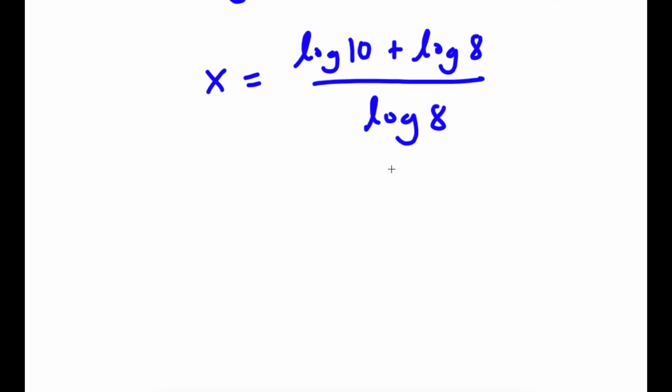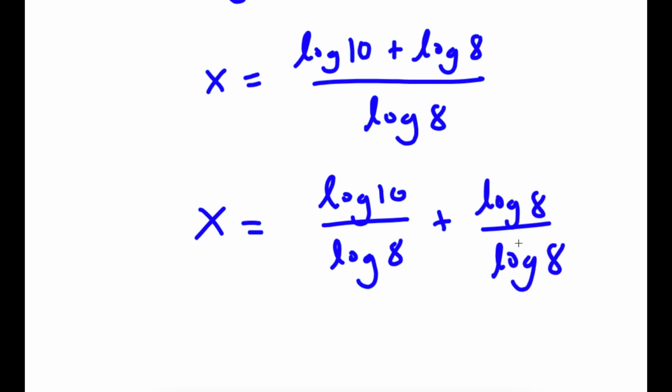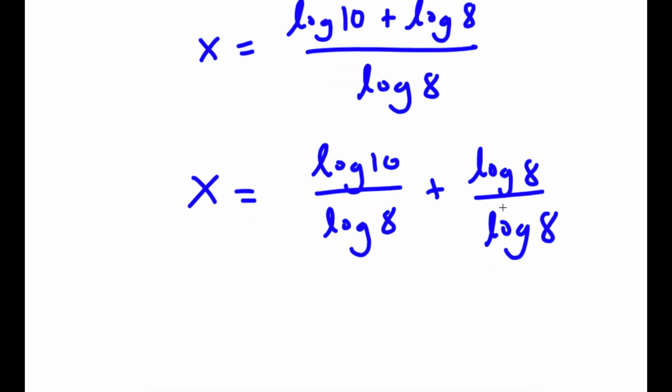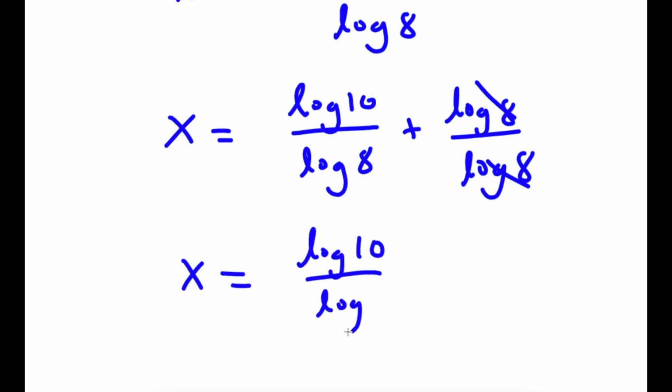So now to solve this, I'm going to rewrite this as log 10 over log 8 plus log 8 over log 8. Now, anything divided by itself is 1, so the log 8 terms cancel out. So now I have log 10 over log 8 plus 1.